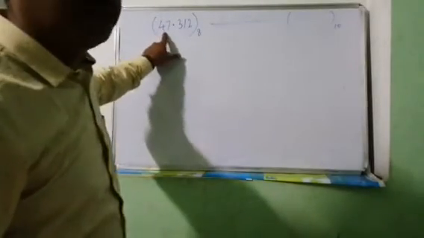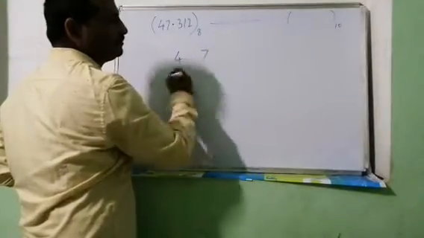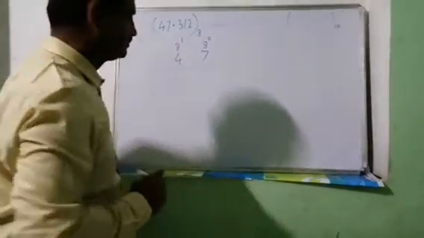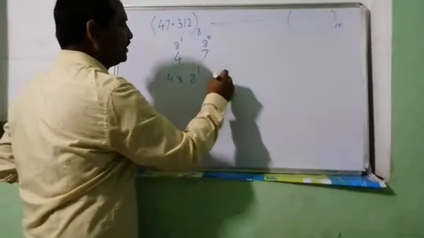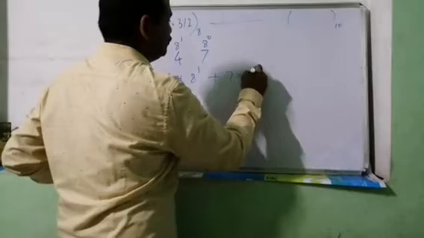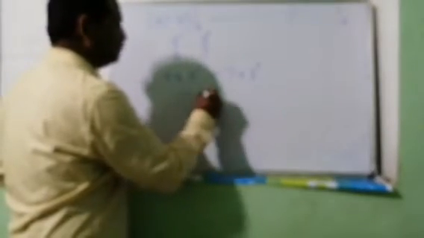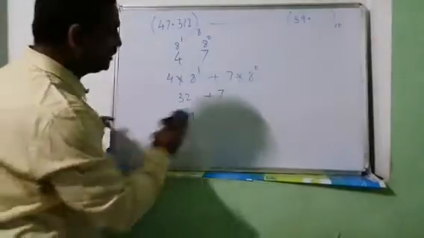First of all we need to convert the integer part. 47, this is 8 to the power 0 and this is 8 to the power 1. 4 into 8 to the power 1 plus 7 into 8 to the power 0. So this will be 32 plus 7, 39. This is the integer part.